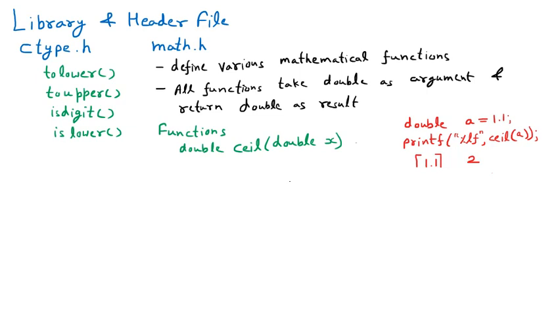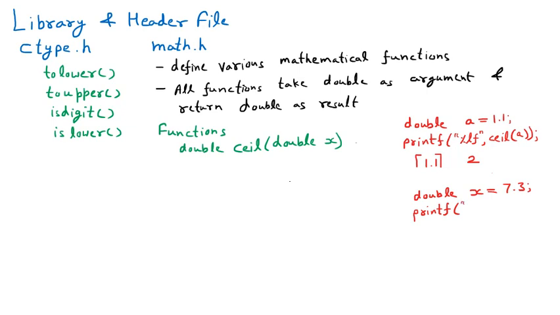I am taking one more example to make you understand. Let us suppose we have a double, which contains floating point values. Let us suppose double x equals 7.3. Now, if I want to perform the ceiling function, we write it inside a statement.